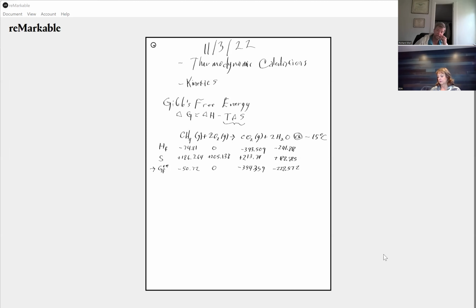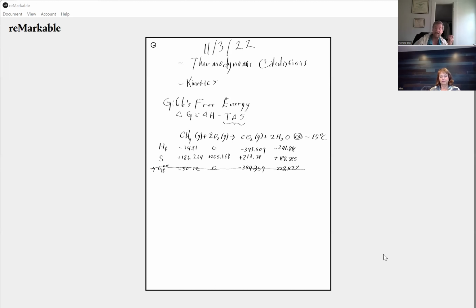If we were running this at 20 degrees Celsius, we could just use this data, but normally we're not. So don't use this data. We're at minus 15, not at 298 Kelvin, so we can't use this. Don't even bother writing it down. It's just not worth it.